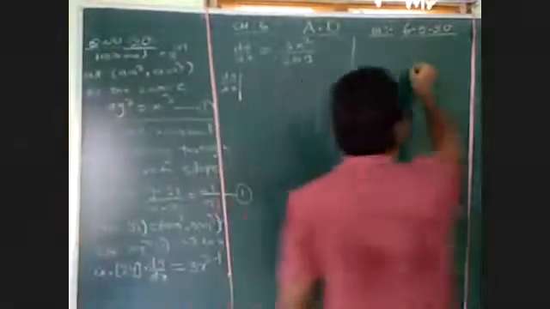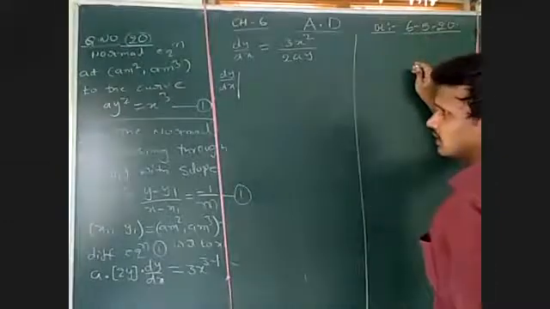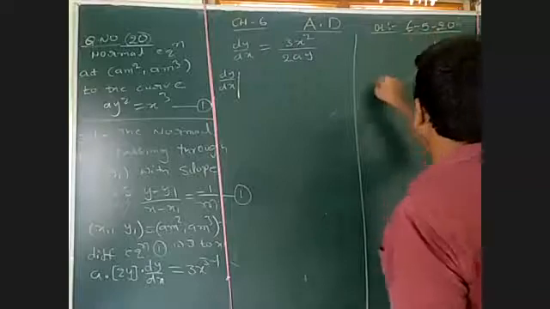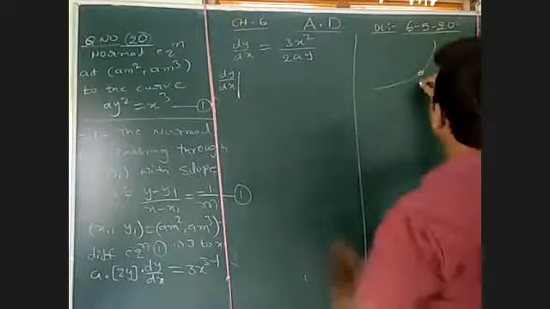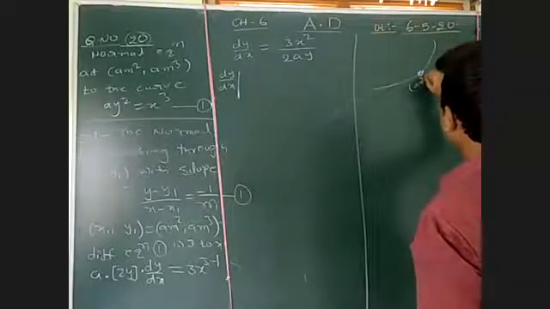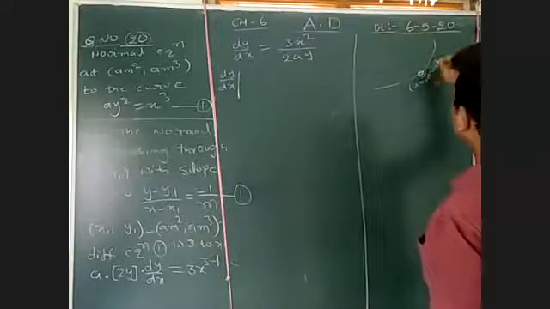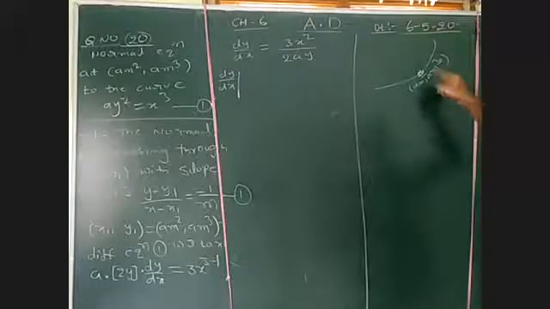We need to find it at a given point, because look here. For example, let us assume the given curve is like this. They have clearly given the point, a m square and a m cube. This point is given.